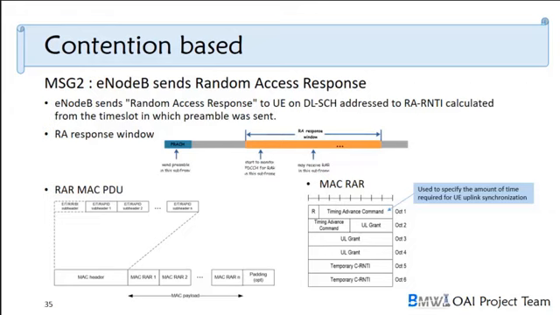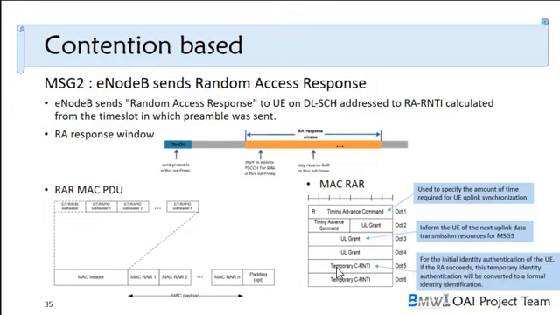And the other is the UL grant. The UL grant informs the UE of the next uplink data transmit resource. And the final is the temporary C-RNTI, which I mentioned before, to handle the collision problem.